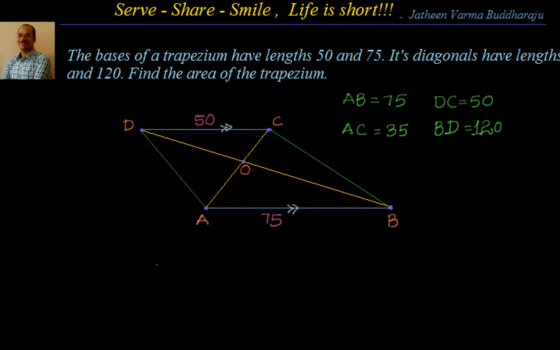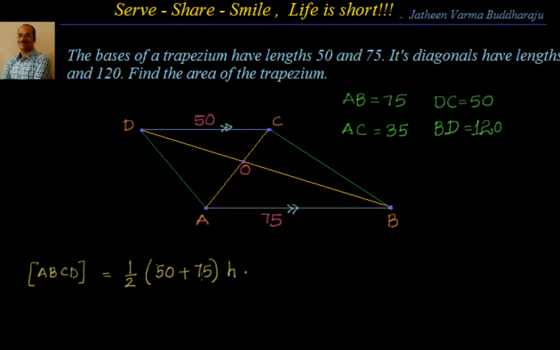The area of ABCD is equal to half into the sum of the parallel sides, that is 50 plus 75, into the height, where height is the altitude between these two parallel lines AB and CD.